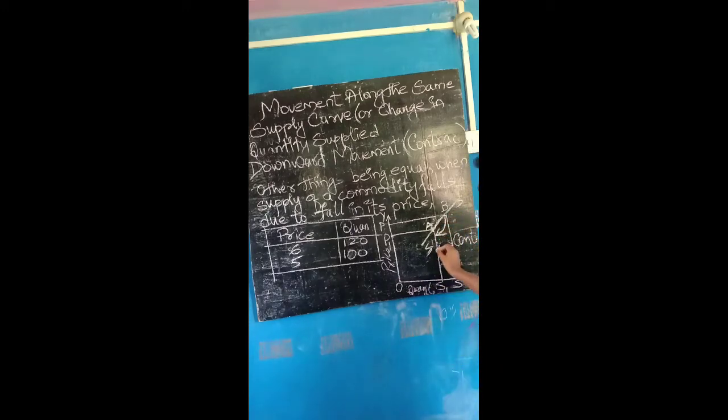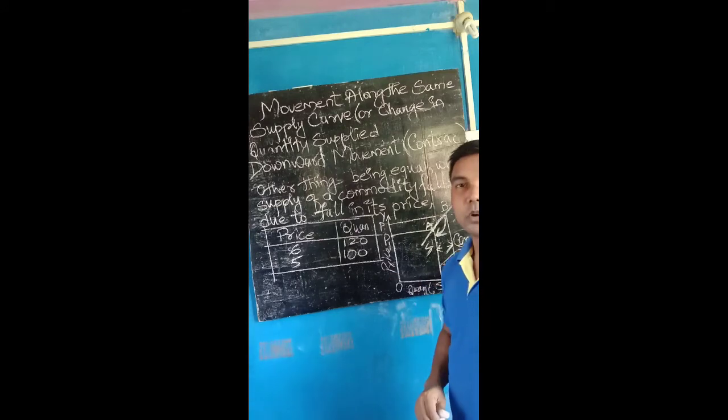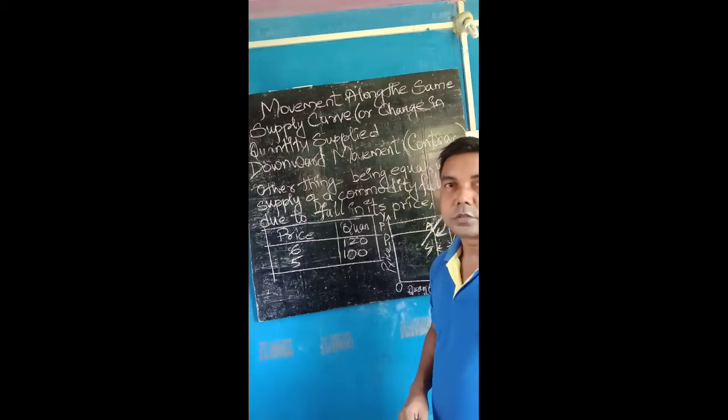This gap, from up to down, is the contraction. Earlier this was the expansion or extension, but now it became the contraction, because the price decreased, so the supply for the commodity also decreased.